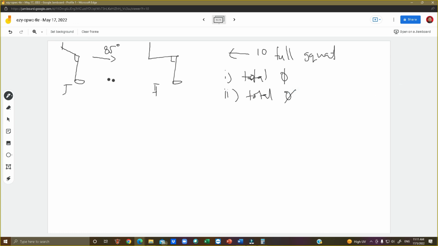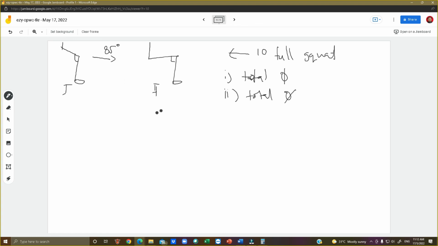If from point 1 to point 2 is 85 degree of change. This is half squat. What is the total distance covered to perform 10 full squat? And what is the total displacement for 10 full squat?